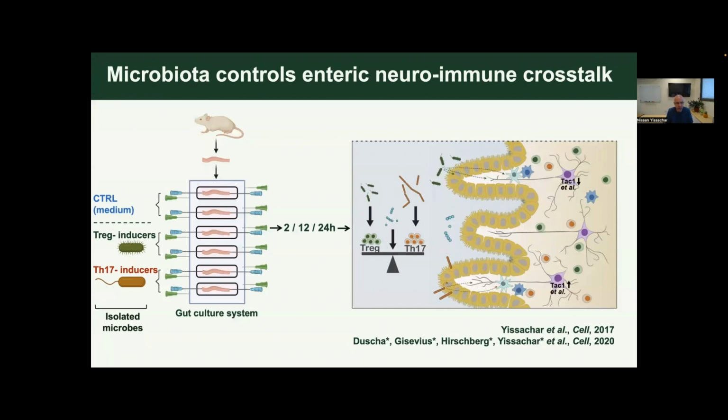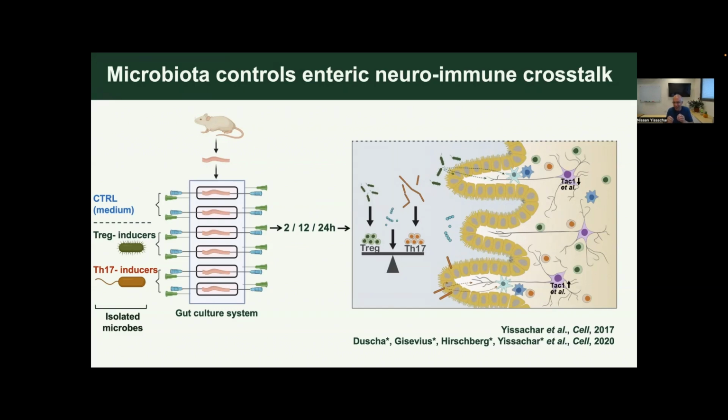We showed that bacteria that induce tolerogenic responses, regulatory T cell development, Tregs, or bacteria that induce effector T cell responses like Th17 development, when they colonize the gut, one of the first responders are actually the enteric neurons, the enteric nervous system. And we found that enteric neurons sense the microbiome and respond to the microbiome.